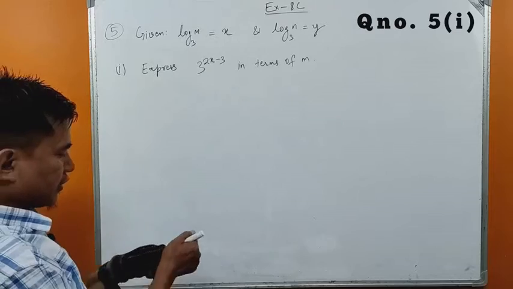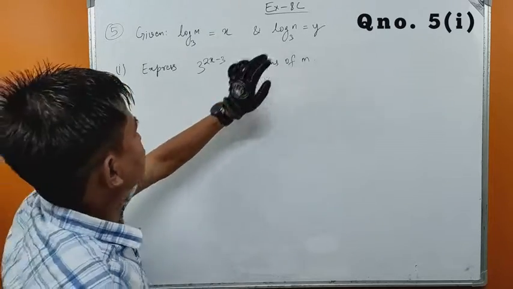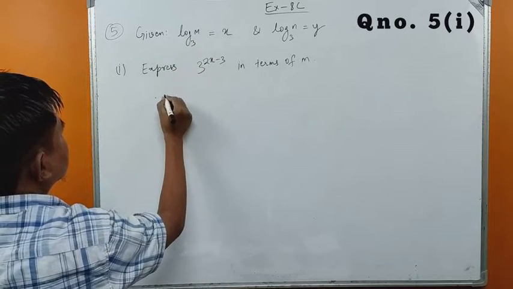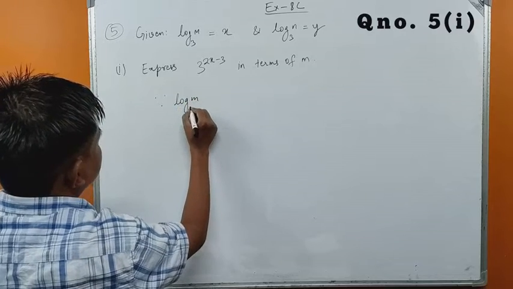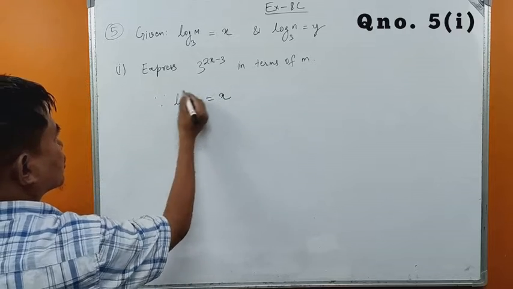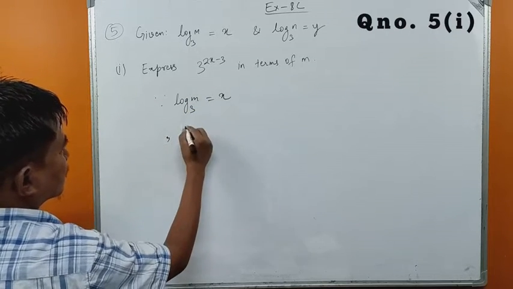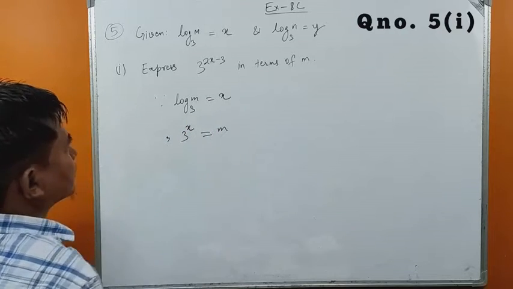Okay, for the next question of the same number 5, this equation also should be used. Now this one, since the condition is log m to the base 3 equals x, isn't it? So we change this into exponential form, where 3 is base, this x comes here as power, equals this m goes to the right hand side, isn't it?